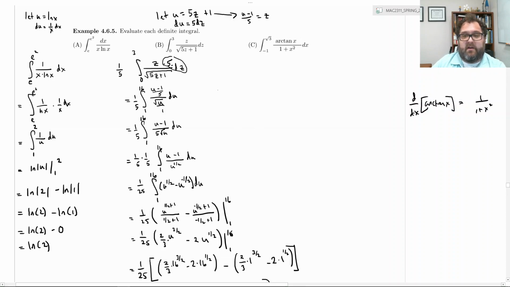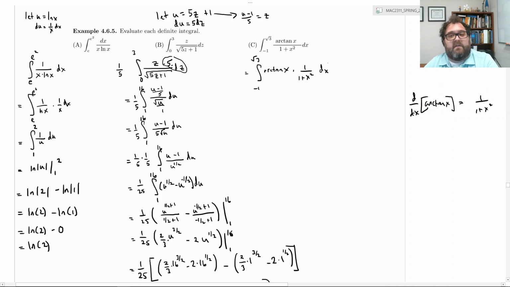What do we literally have? If we separate this out, we have the definite integral from -1 to radical 3 of arctan x times the derivative of arctan.